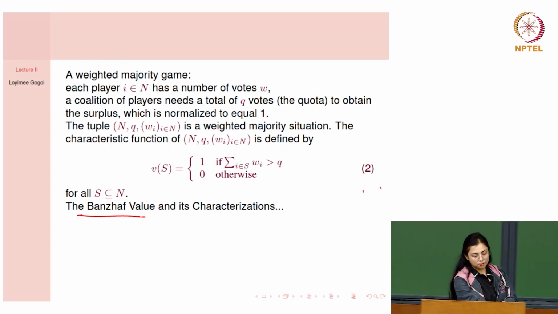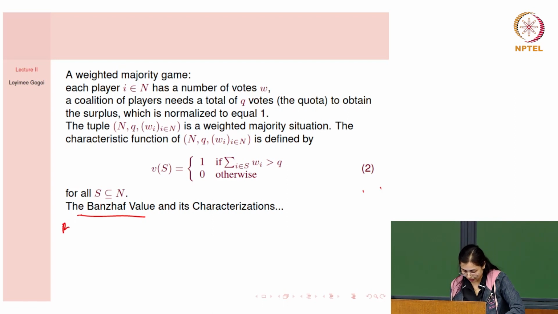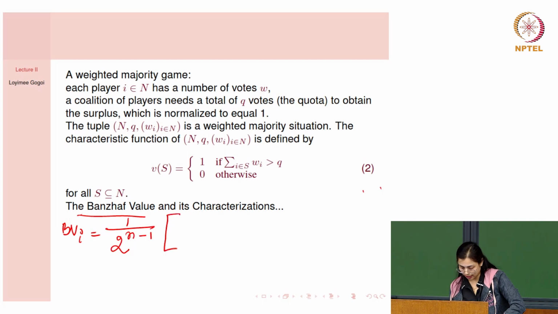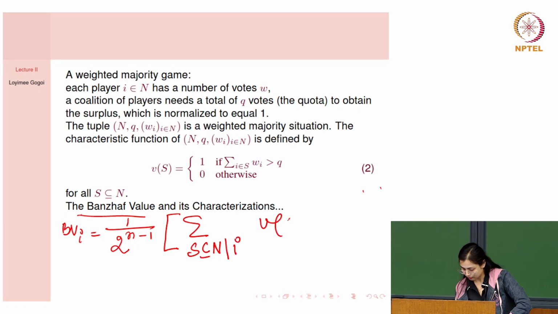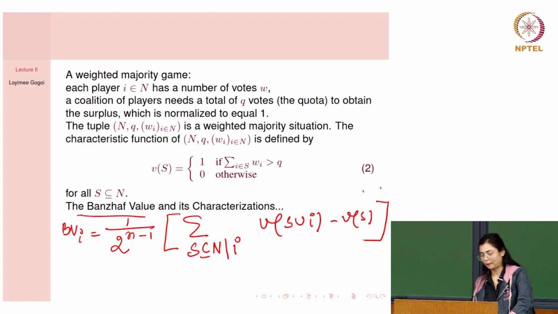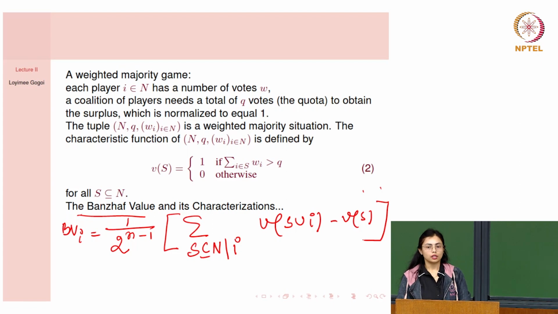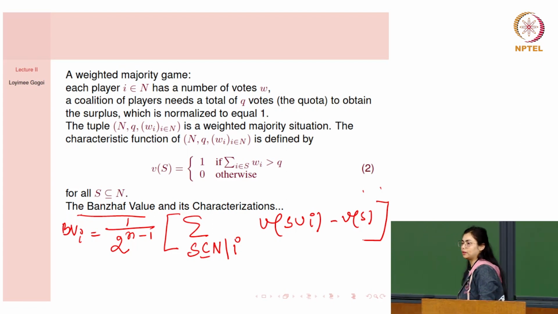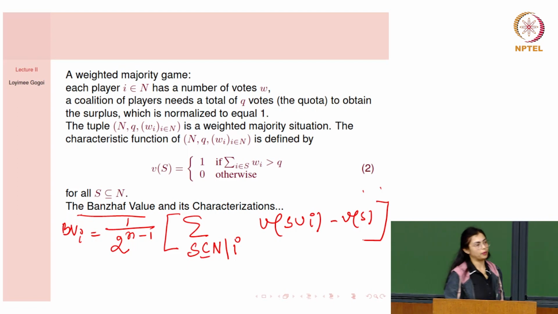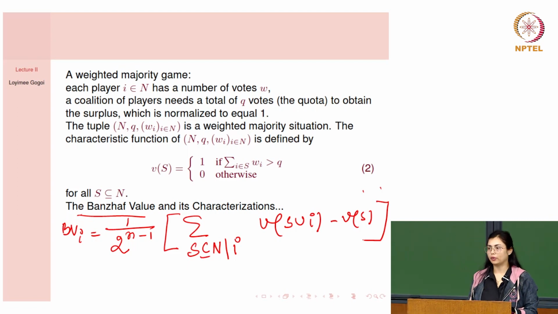Let me express the Banzhaf value. It is divided by 2 to the power n minus 1. So what is a Banzhaf value for a simple game? It is called power index. We sometimes call it Banzhaf power index also.